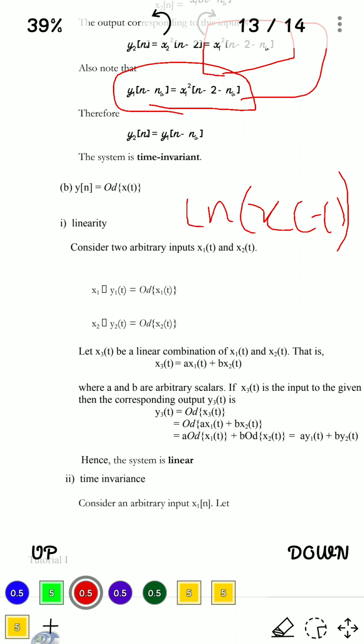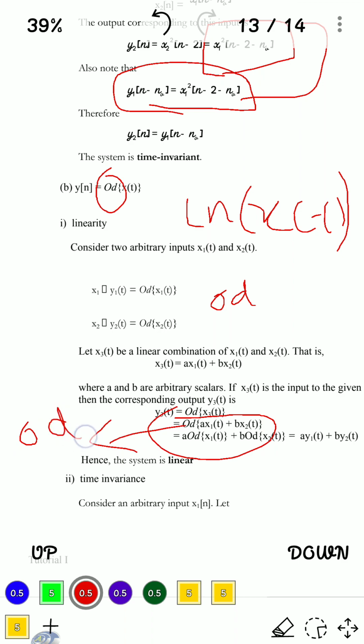So OD of x1 of t plus b x2 of t is what you get in the case of the whole transformation. Here you can see that there is one term, that is OD. You need to make sure that OD gets multiplied to a x1 of t as well as b x2 of t.